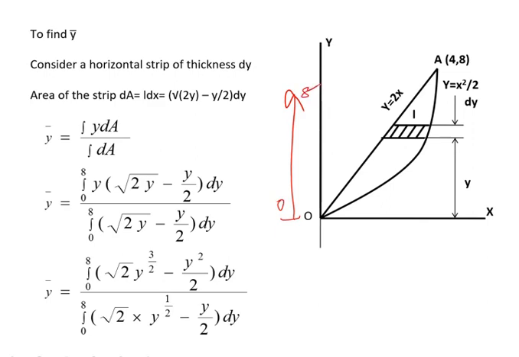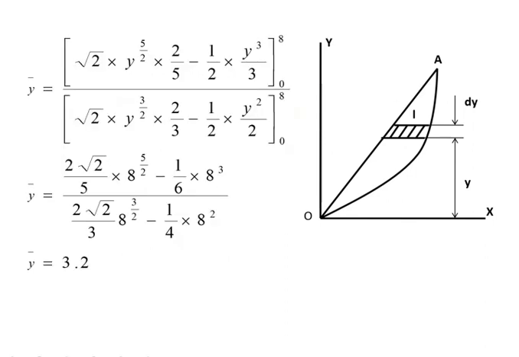So y bar is integral y dA divided by integral dA. Here dA will change because dA will be what? dA will be this distance, that is you need to find in terms of y, x is equal to y by 2, and here x is equal to root of y by 2. So you need to get the value for x in terms of this. So dA can be substituted, and this limit is from 0 to 8. You will get the value for your y bar as 3.2.